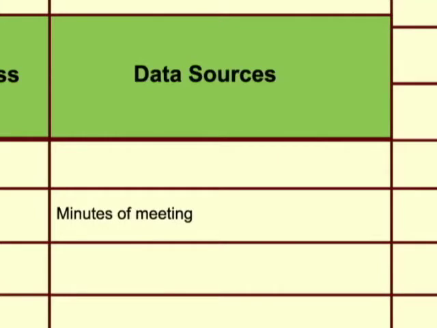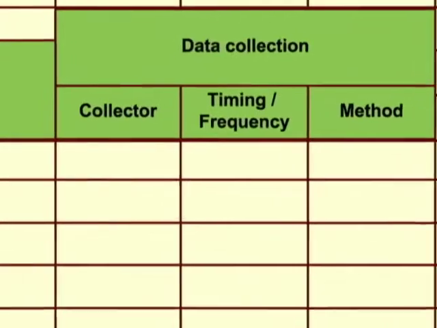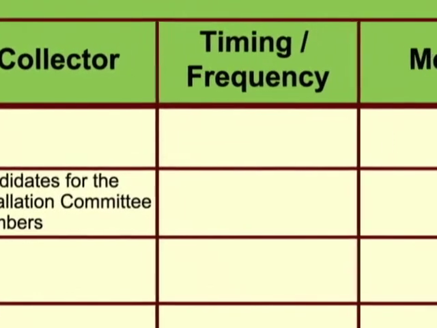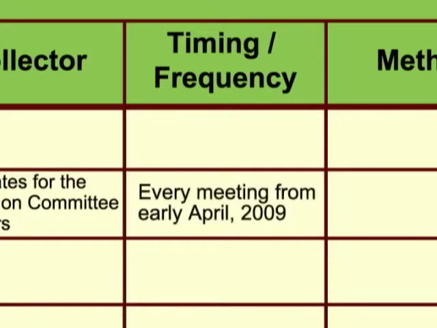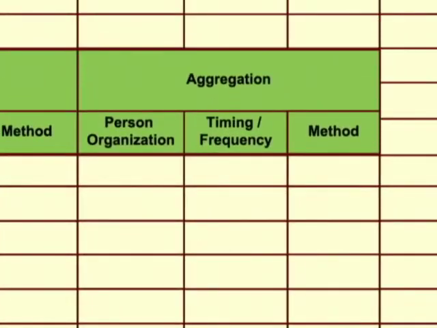Next follows data collection. Let us ask candidates for the installation committee members to be in charge of the minutes of meetings. The preparatory committee will be formed by late April 2009. How about timing and frequency of the data collection as at every meeting from early April 2009? Now comes aggregation.